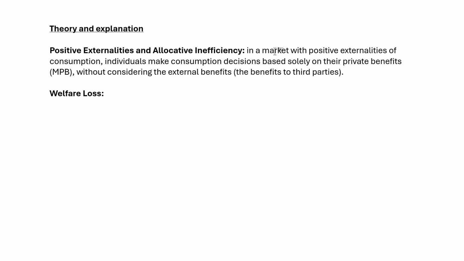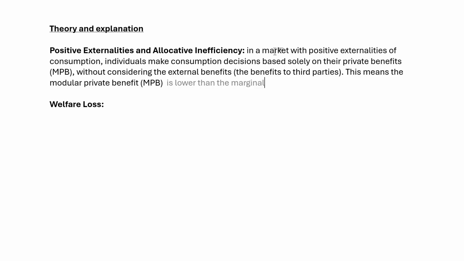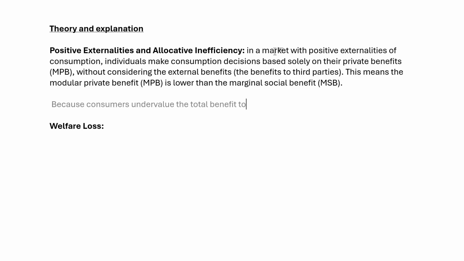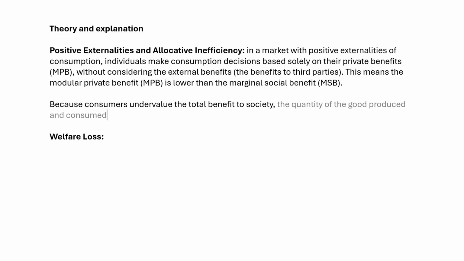This means the marginal private benefit is lower than the marginal social benefit. Because consumers undervalue the total benefit to society, the quantity of the good produced and consumed will be less than the socially optimal quantity.